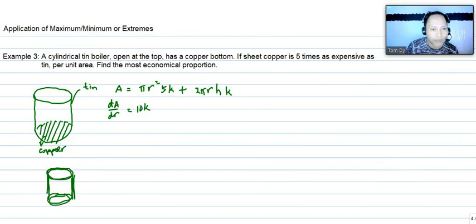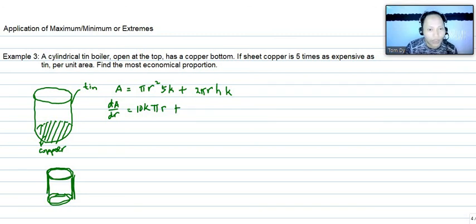Why 10? Because this is 2, and 2 times 5 is 10k pi r. dr over dr is 1, so I will no longer write dr over dr because that is equivalent to 1. Plus on this part.